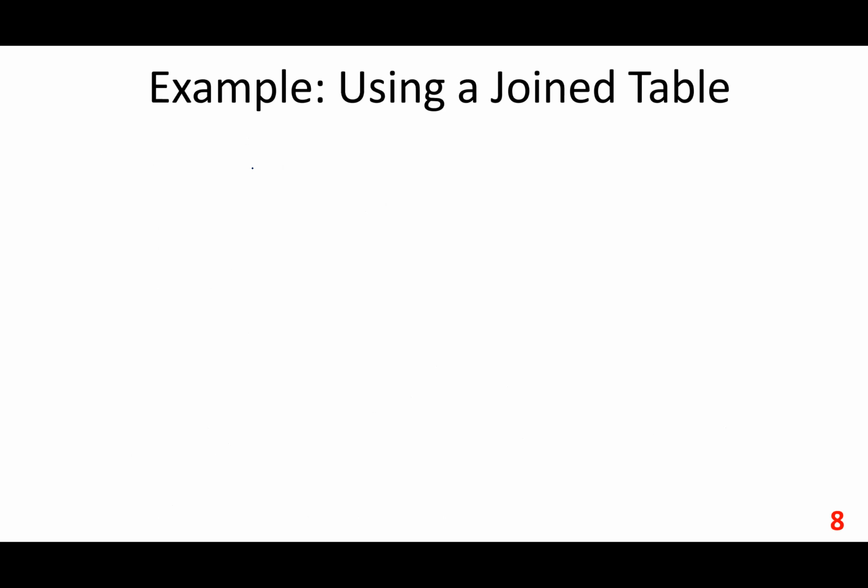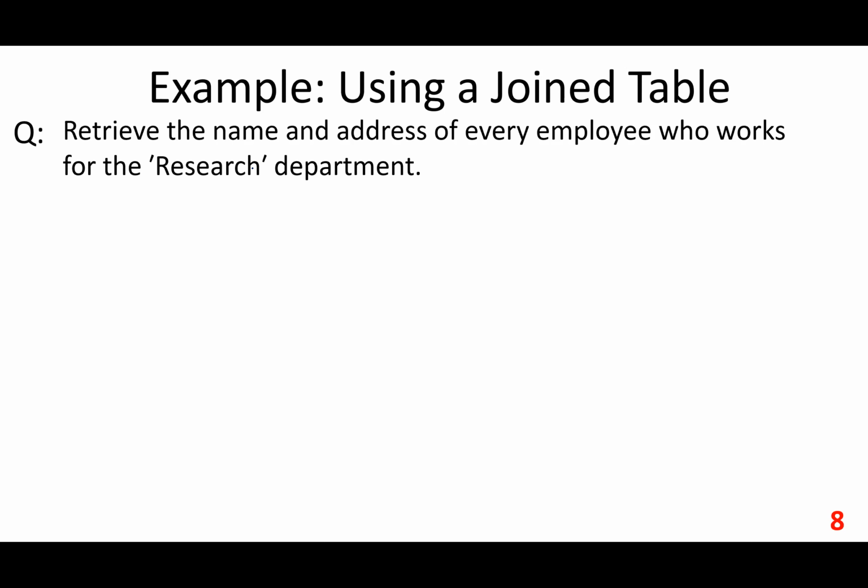Let's look at an example using a table join. Our old example, where we used implicit before, but here we use the explicit way. Retrieve the name and address of every employee who works for the research department.